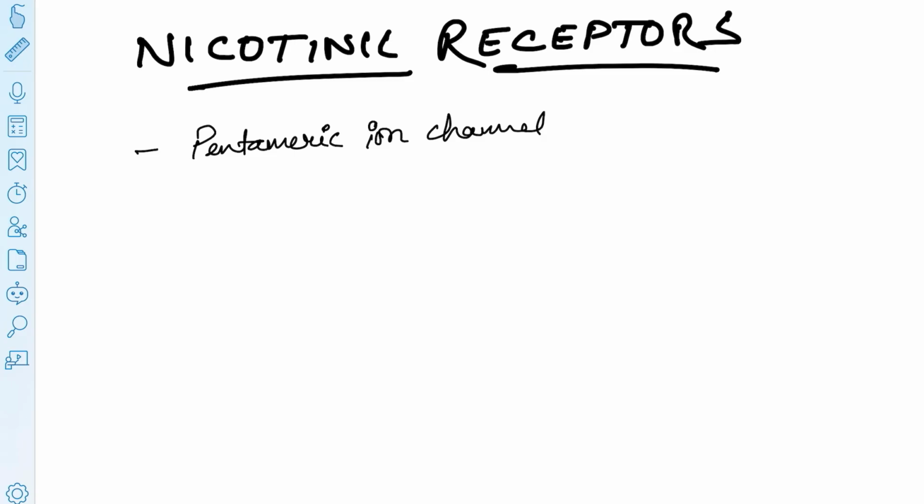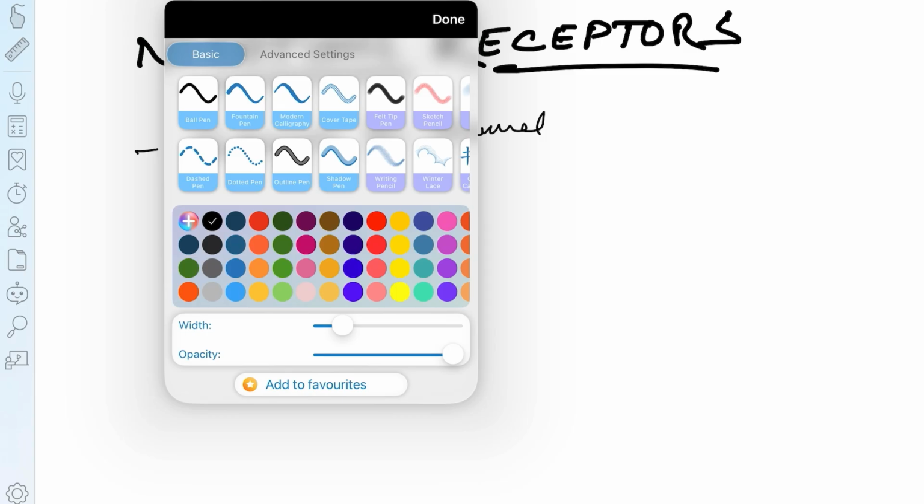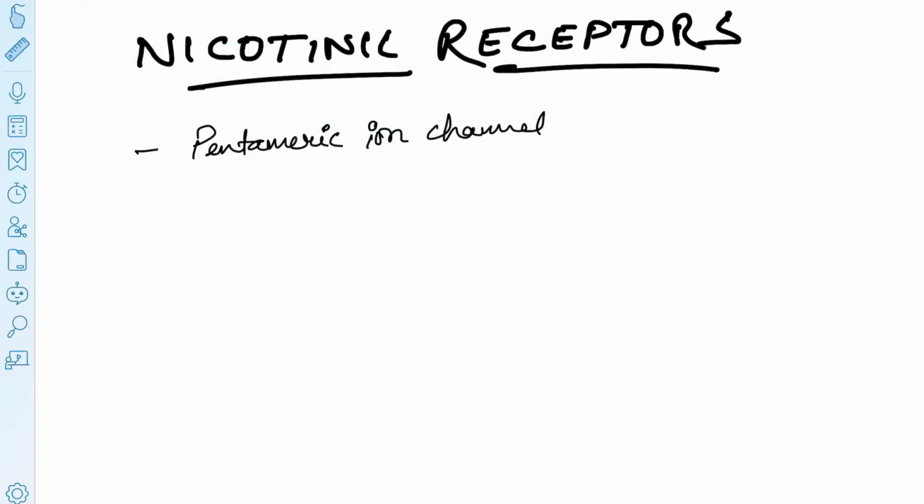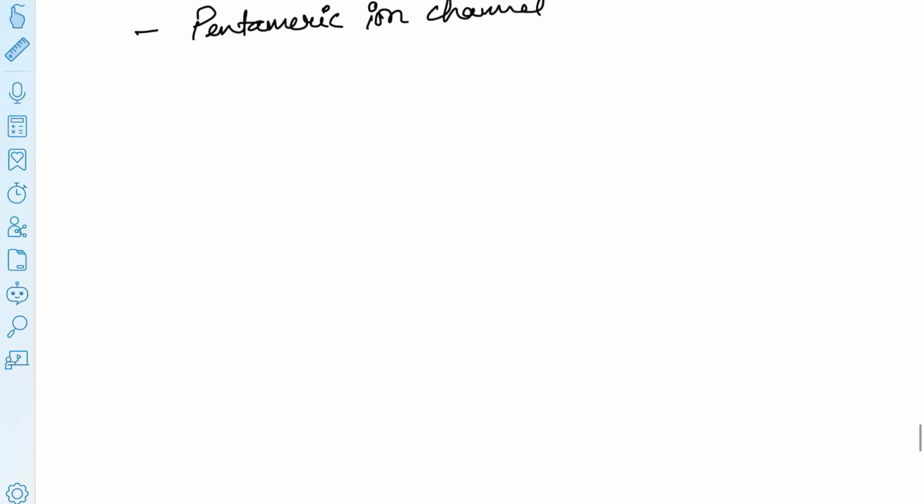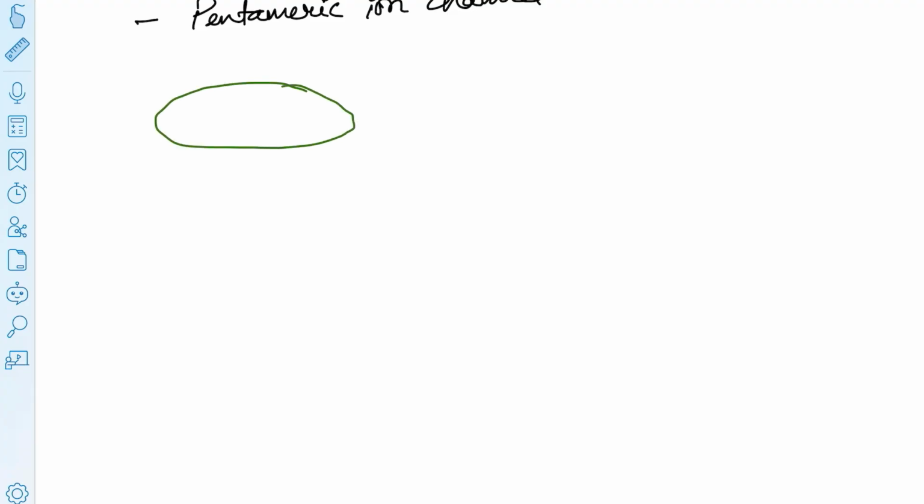If I have to draw a basic structure of the nicotinic acetylcholine receptor, we can draw a diagram of a receptor. This is a very rough diagram, just to explain what pentameric means.